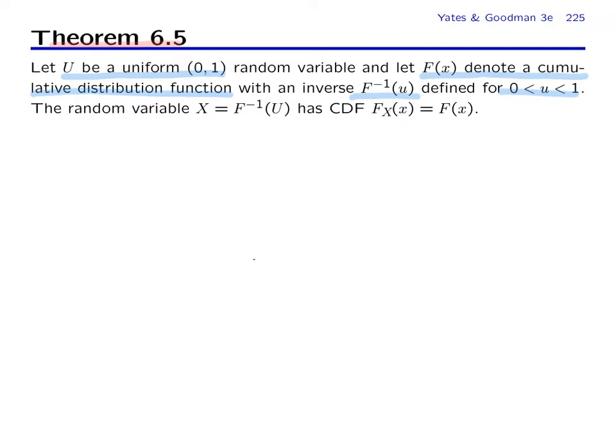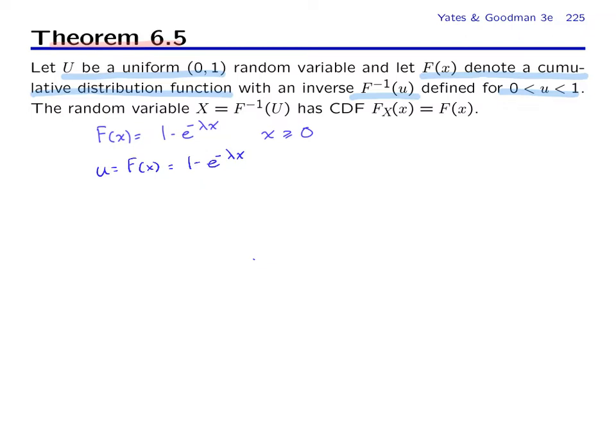For example, this capital F could correspond to the exponential CDF, F of x, which is equal to 1 minus e to the minus lambda x for x greater than or equal to 0. To find this inverse, we set u equal to capital F of x, equal to 1 minus e to the minus lambda x. And now we solve for x as a function of u.